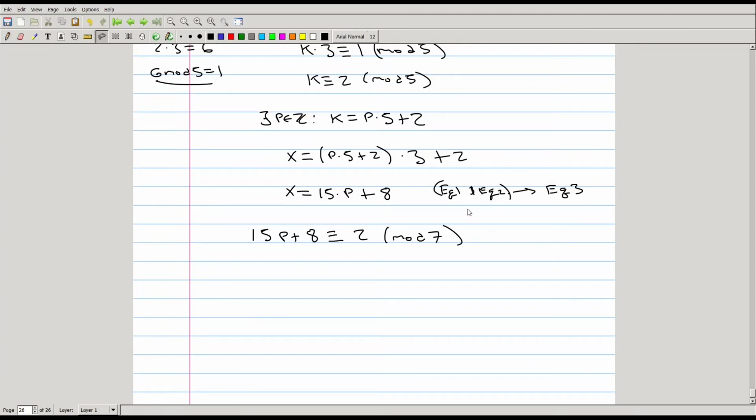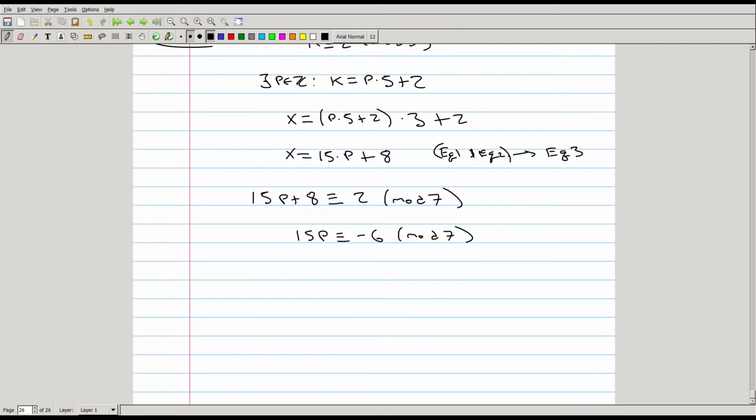This means that 15 times p has to be congruent to negative 6 mod 7, and negative 6 mod 7 is 1.